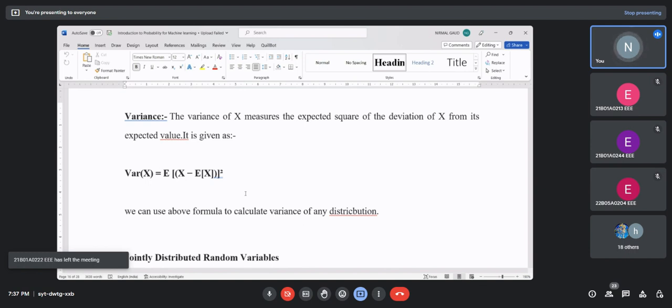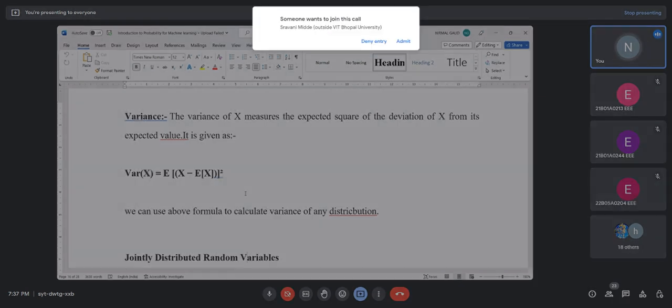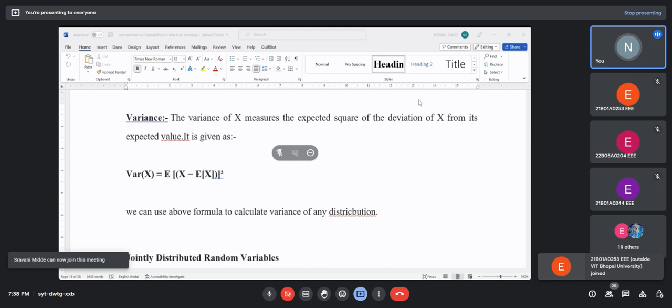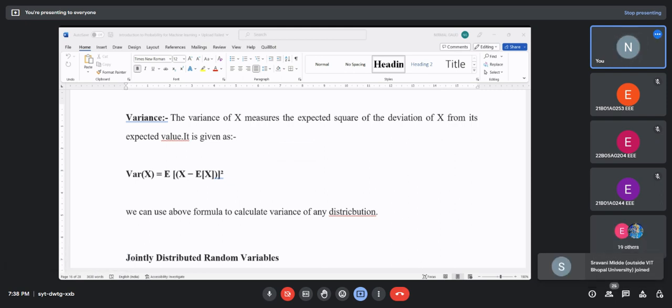That means I have a random variable and I expect where it should be present, but if it is not there, I look to find the deviation: from where this point is deviated, or where this point is present in my plane, what is the distribution, or the actual shift of this point in the plane. So the variance is the expected square, and I take the square of the deviation. That's it, the square of the deviation. That's what it is for.